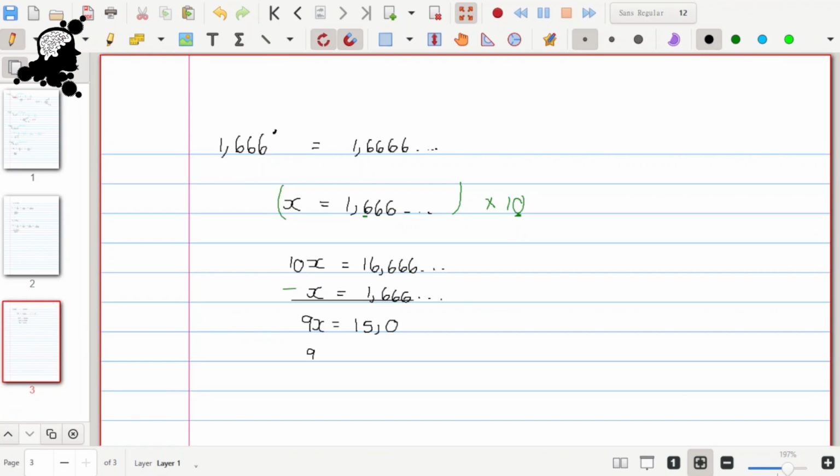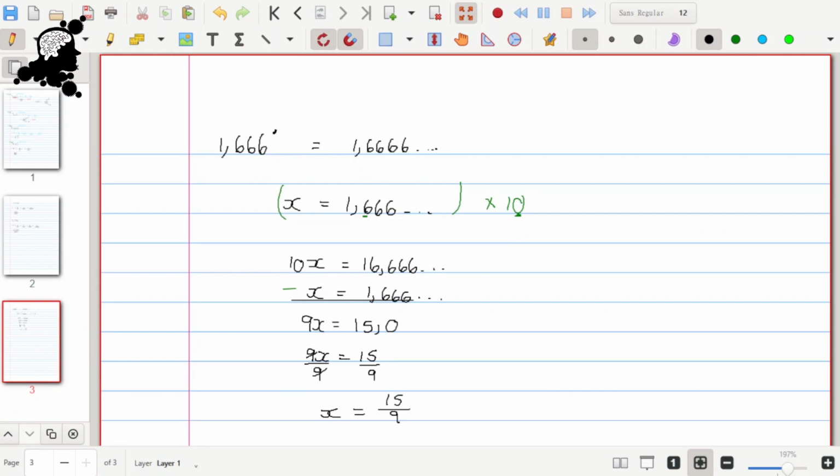Now I can say 9x is the same as 15, because 15 comma 0 is just synonymous to saying it's just 15. We don't need to write the comma 0. The next step is I'm going to divide both sides by 9 because I want to solve for x. This is going to cancel this. x is equal to 15 over 9.